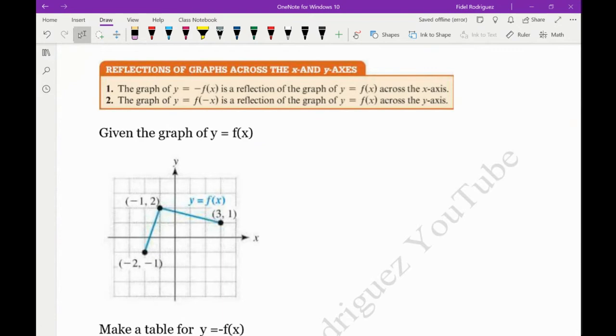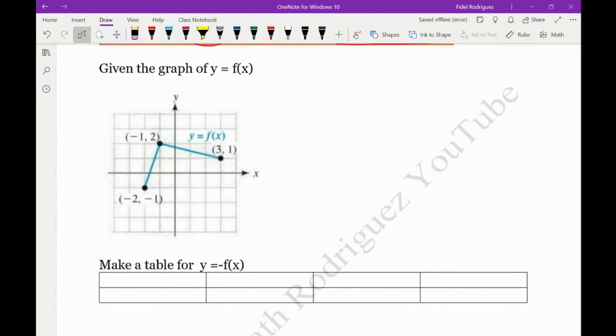So we're going to have a reflection across the x-axis and a reflection across the y-axis. Okay, just like we did before, y'all, look where the negative is. If the negative is on the outside, we are reflecting it about the x-axis. If the negative is on the inside, we're reflecting it about the y-axis, okay?